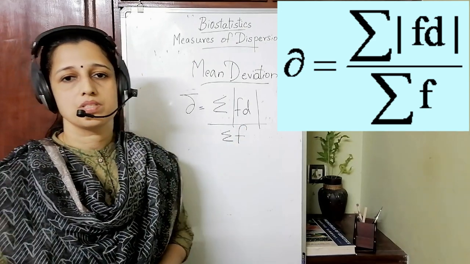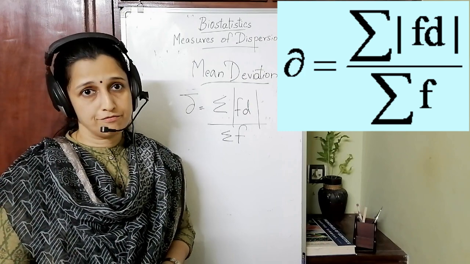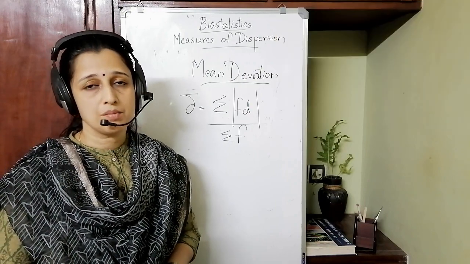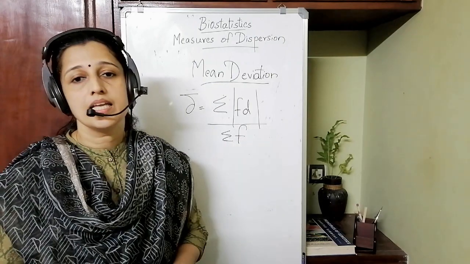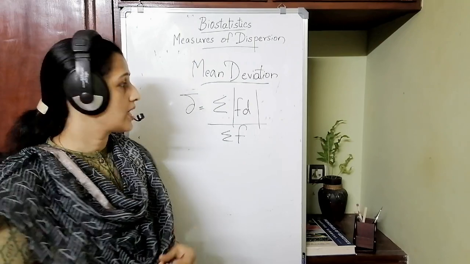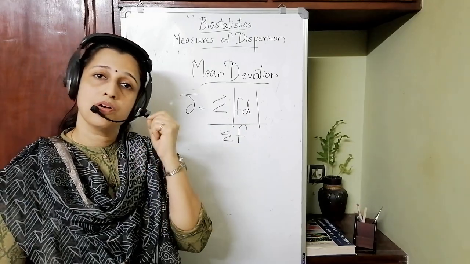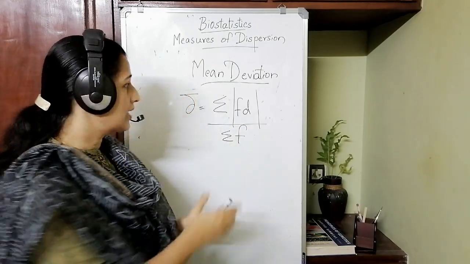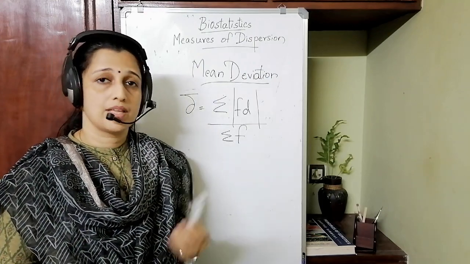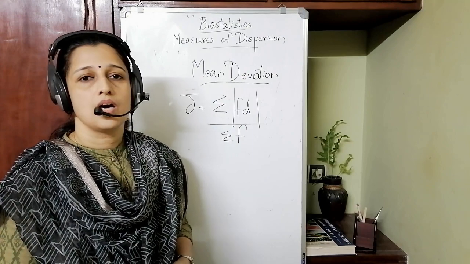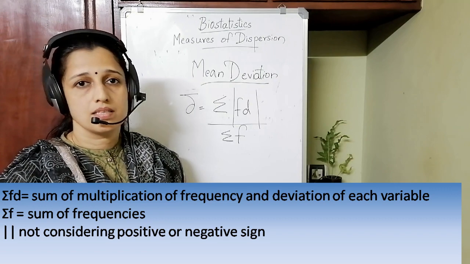This is the equation used to find the mean deviation of grouped data, and sigma fD is the sum of the multiplication of frequency and deviation of each variable. f stands for frequency, d stands for deviation of each variable. And the two lines on either side mean you have to ignore the sign, whether it's negative or positive.